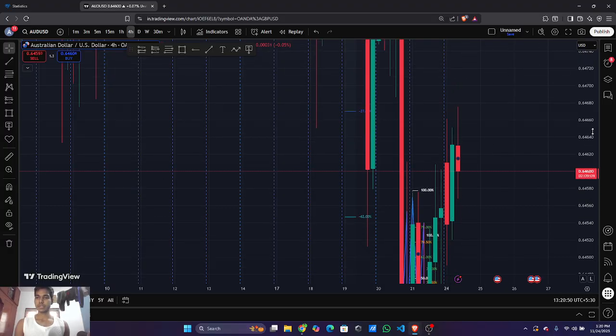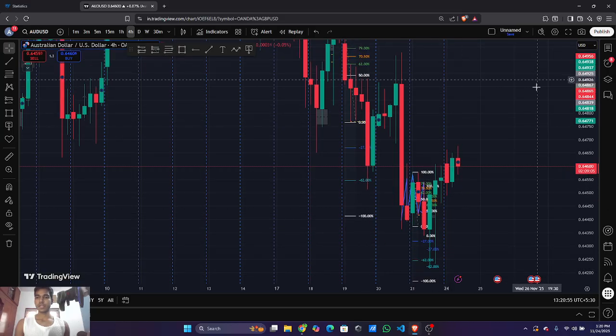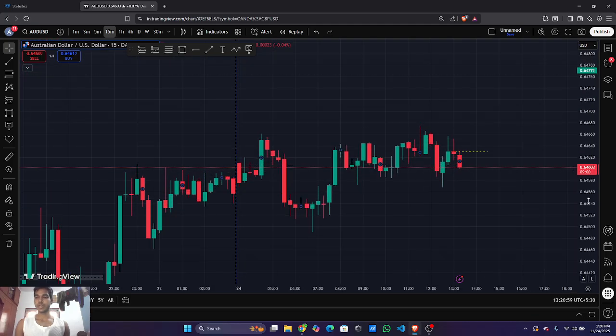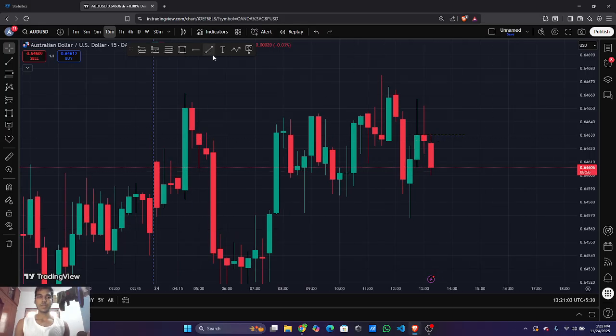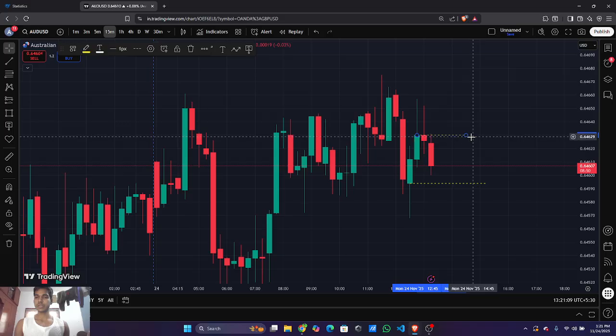We can take this as a sweep. It is bullish. As per market sentiment, I would prefer to sell, but the chart is okay. I'll mark both the lows of the previous swing, and we have these two swings in 15 minutes.